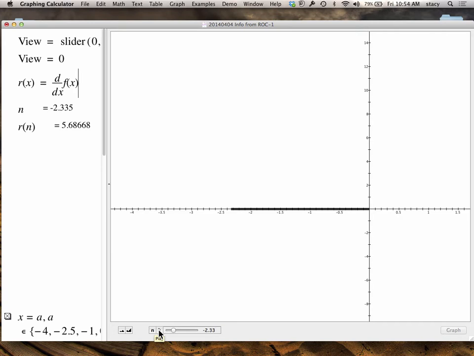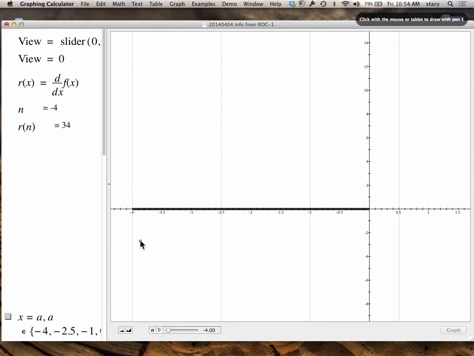So if I wanted to record some things about what was going on, what could I record? Between -4 and -2.5, what could I say? I could say that the rate function is positive, but decreasing.